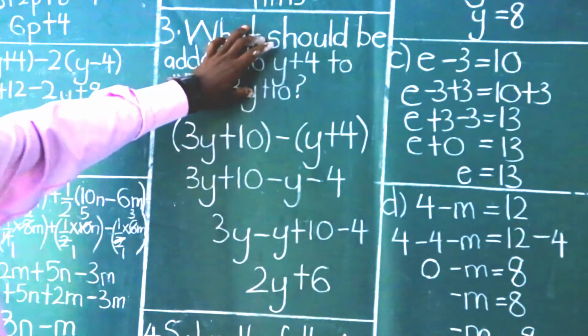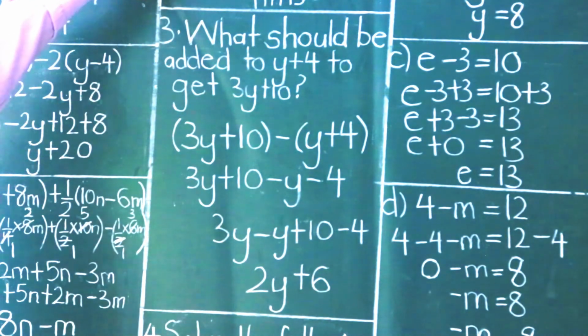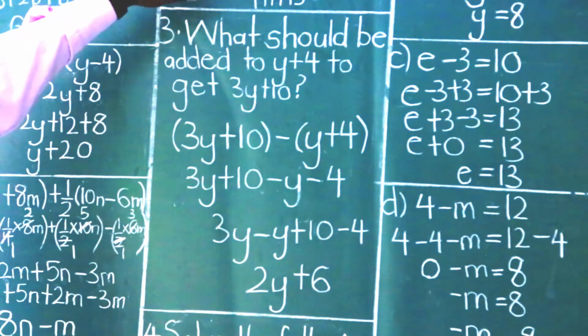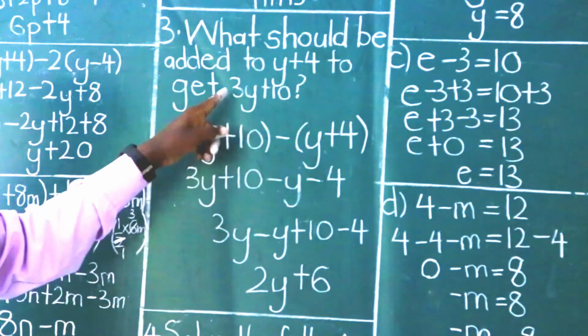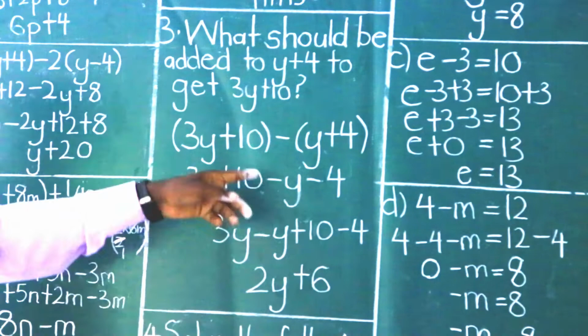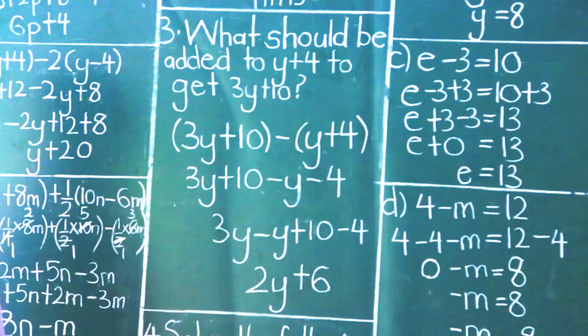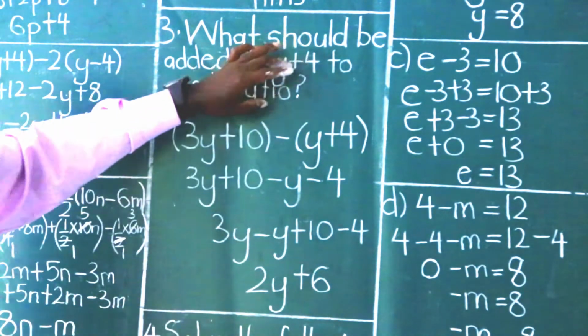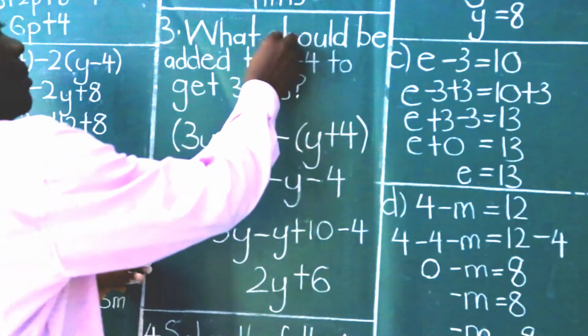So this number has got a different language from number 2, but they actually mean the same. So what should be added to y plus 4 to get 3y plus 10 is the same as subtract y plus 4 from 3y plus 10. So the way I've done number 2 is the way we do number 3. Like I said, first make these two single entities by putting them in brackets.